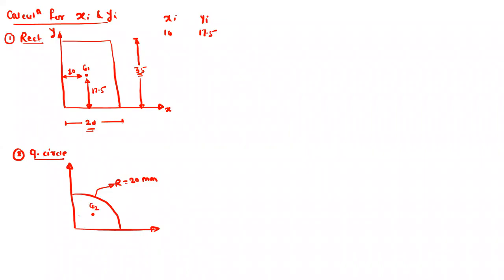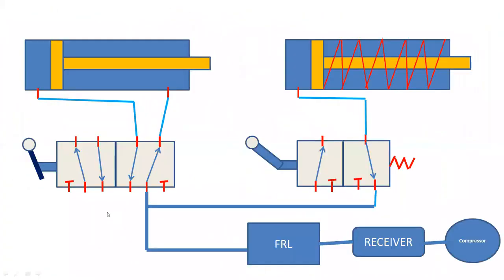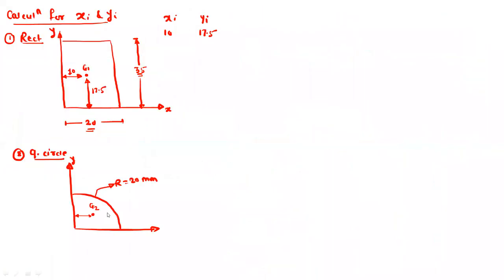Its x coordinate, its distance with respect to the y axis, is equal to 4r upon 3 pi, if you refer the standard formulae. In the last lecture I have given this formula for the x coordinate and y coordinate for the quarter circle.